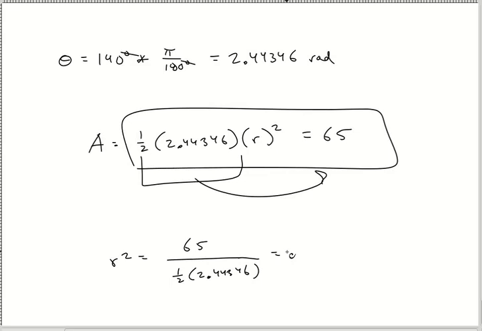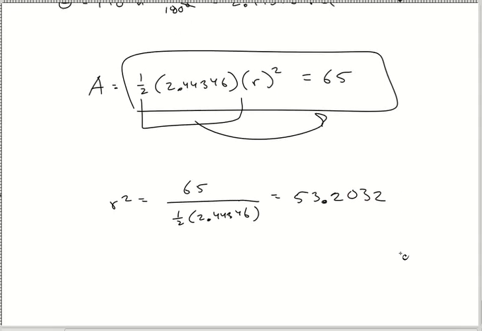I think that this will still give us the right answer. Obviously we'll compare that in just a second. So that's my r squared. To find r, to get rid of the square, you square root both sides. Now, when you square root both sides, normally we say plus and minus, but we're talking about a radius here, which is always positive.